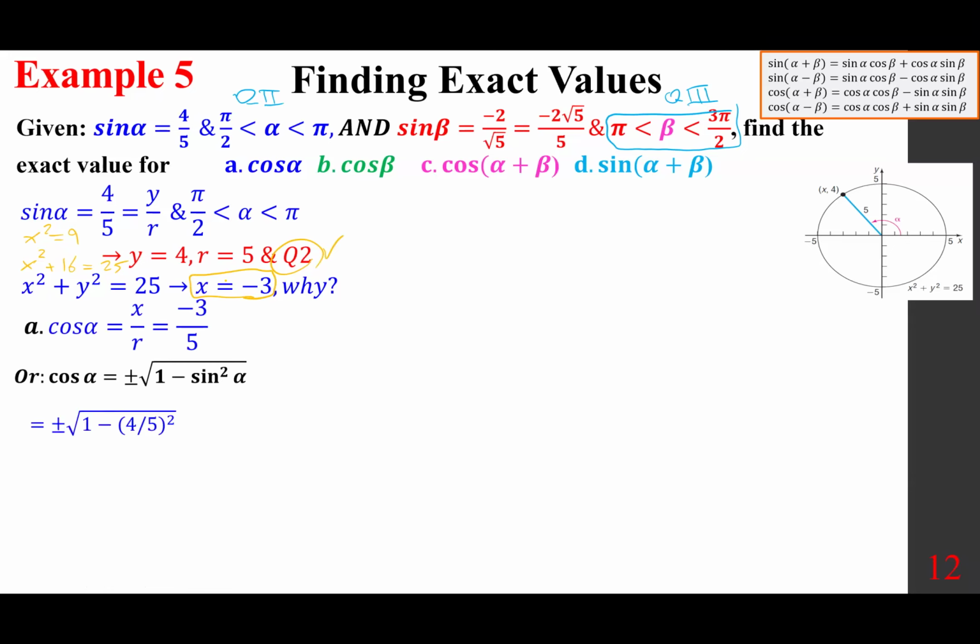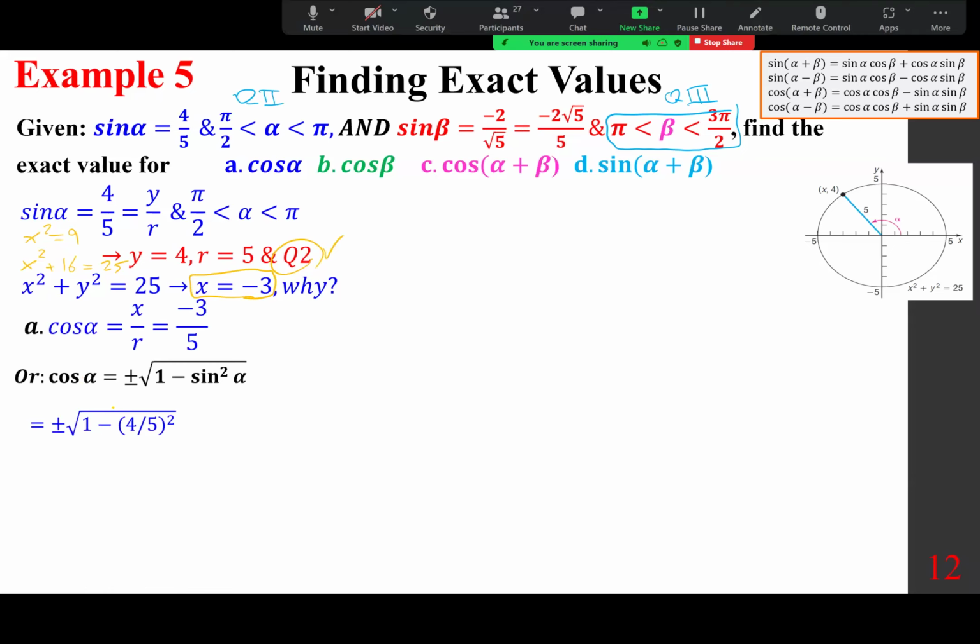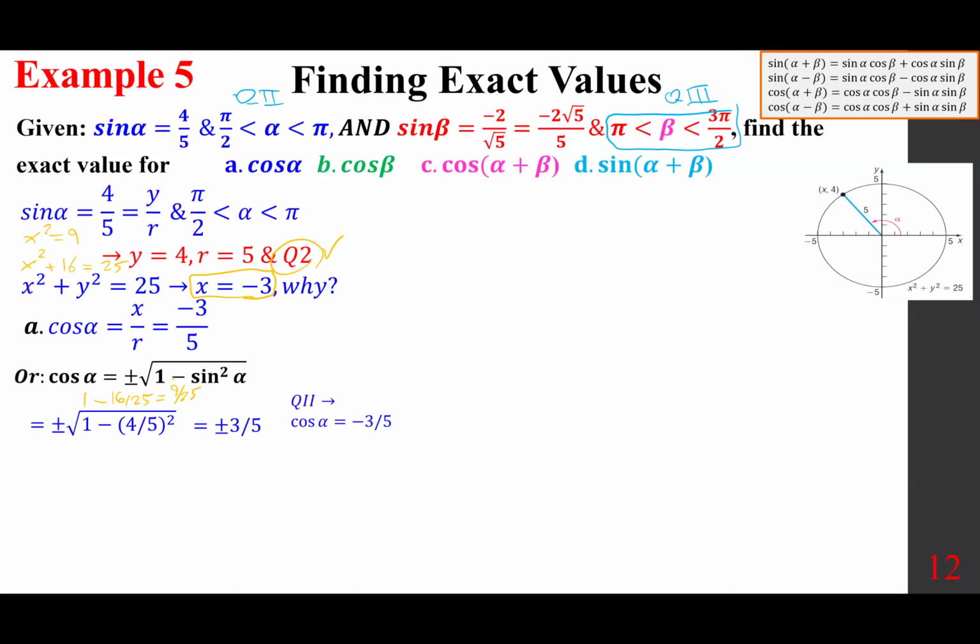When you square that, you get 1 minus 16 over 25, which is 9 over 25, and plus or minus 3 over 5. And because it's quadrant 2, you decide to go with negative. I can't emphasize this enough, everybody. This is extremely important.